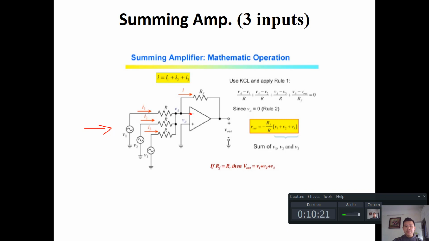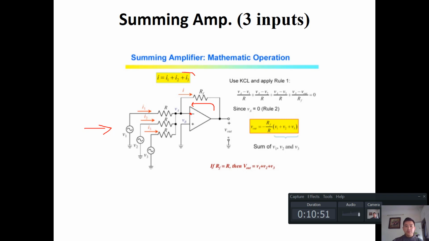For example, in this case, all of the inputs will go to the negative point and will be fed back by RF. The direction of the current here is from the book of Floyd, so a little bit different from our direction, but it's not important.